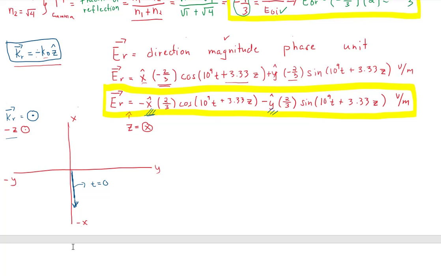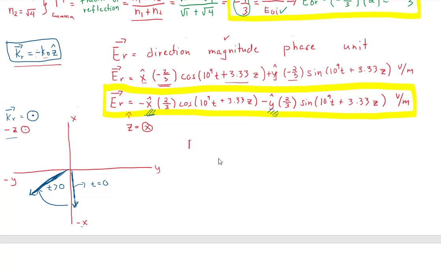Now looking at the second term, negative y, that tells you that it's moving this way towards negative y. And this is our t greater than 0. So now that we have that, we just need what describes that transition from negative x to negative y.